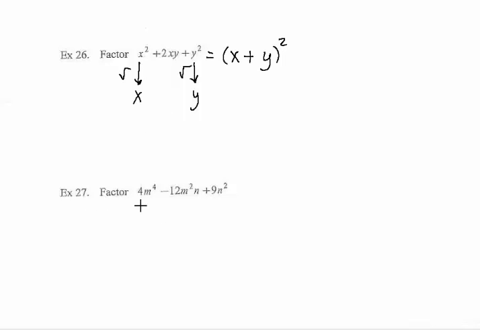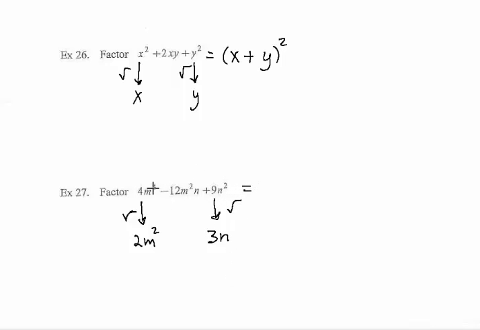27, I'll just assume that it is a perfect square trinomial. I'll take my square roots. Square root of 4 is 2. Square root of this variable part is an m squared. 4 divided by 2 is 2. Square root of 9 is 3, and the square root of n squared is n.